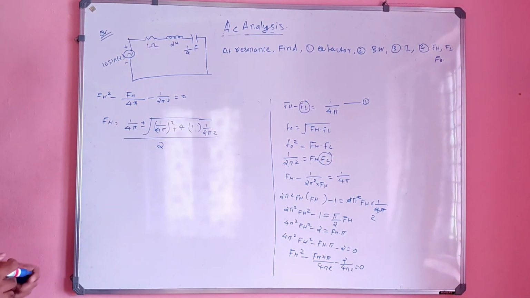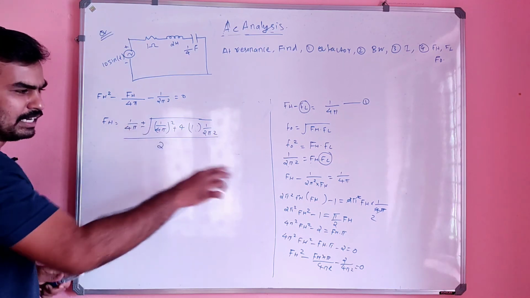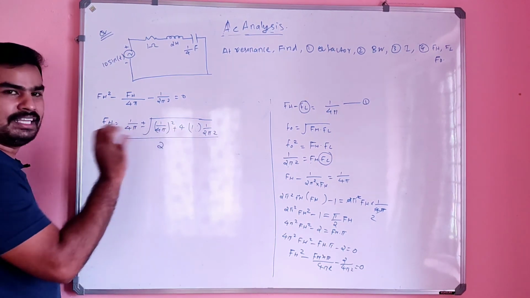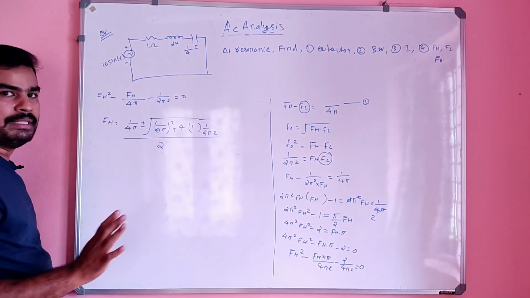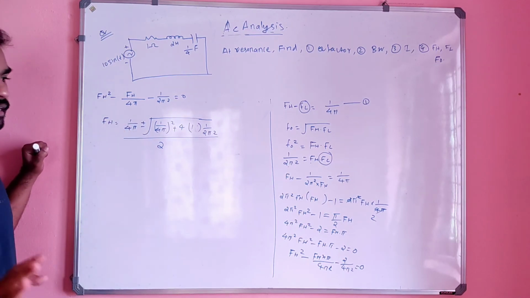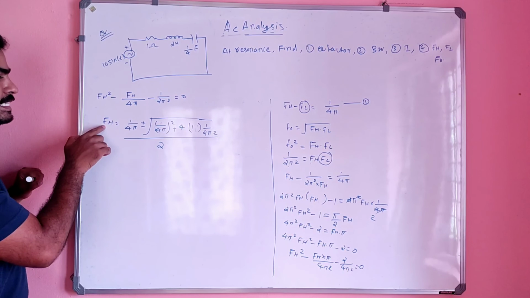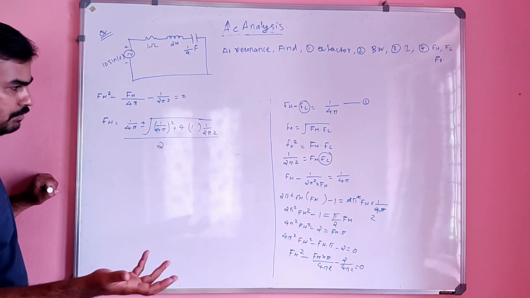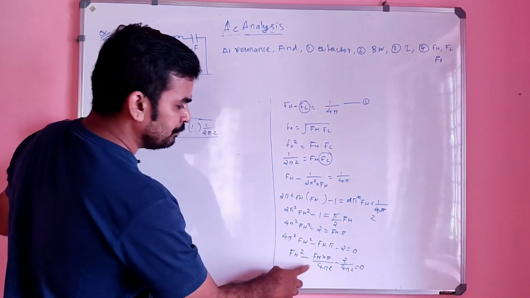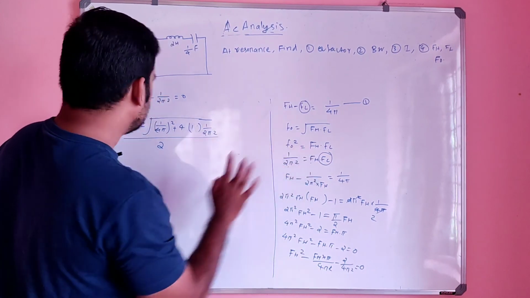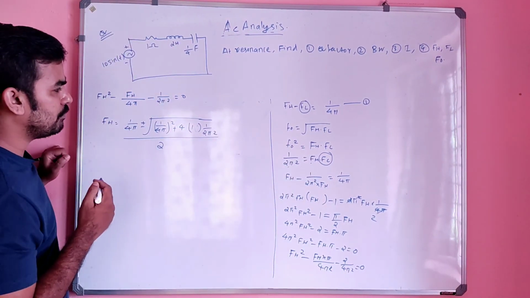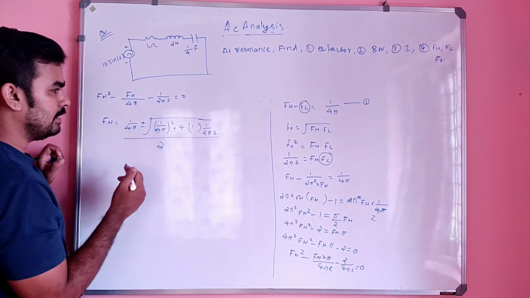If you solve this equation, you will definitely get the value of FH. This much difficulty will not be asked in the exam; I know it is very lengthy. Let's try that.